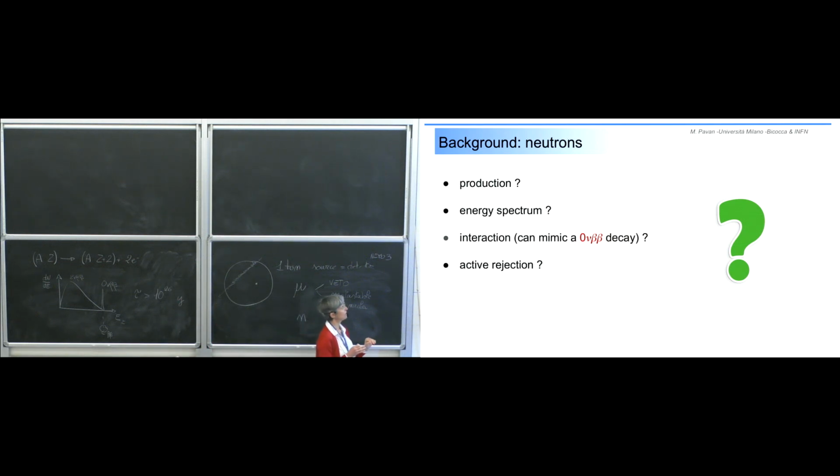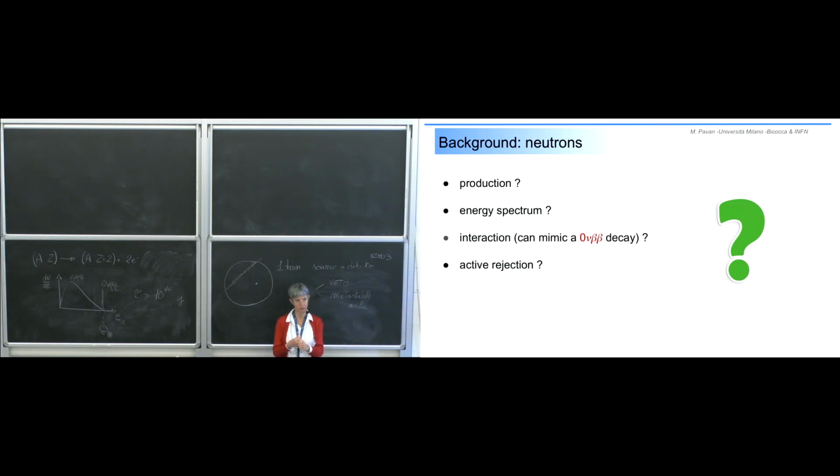And what is the energy spectrum of these, let's call them environmental neutrons? And are they able to mimic a double beta decay event? And how can I get rid of this background? So let's start from the sources.